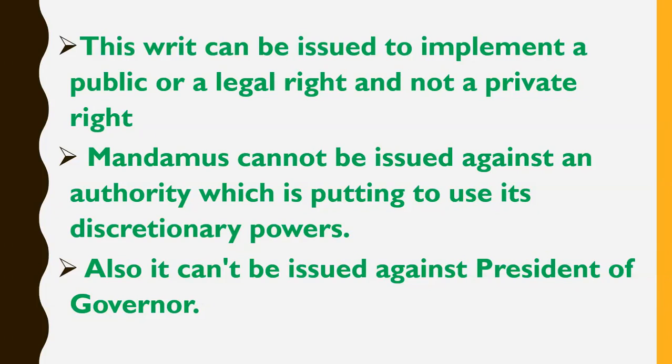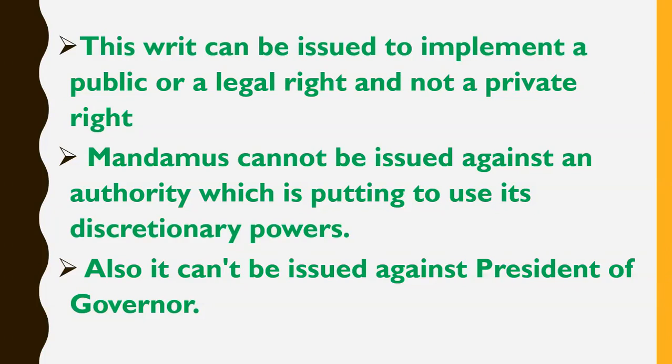Means he decides whether to do that work or not, what should be done, how this work should be done. Means he is using his mind to do that work, he is using his discretionary powers. So when an authority is using his discretionary powers, against that authority the writ of mandamus cannot be issued. So this was the meaning of this statement.